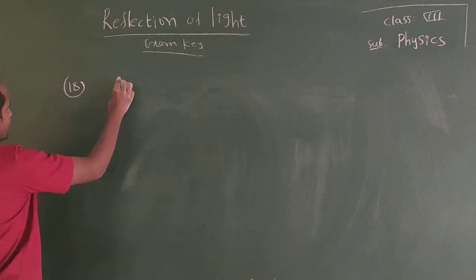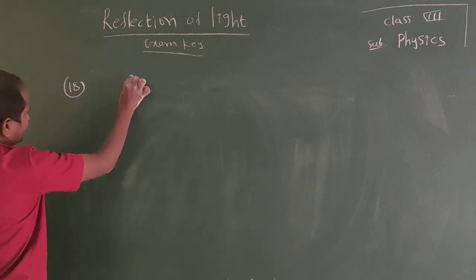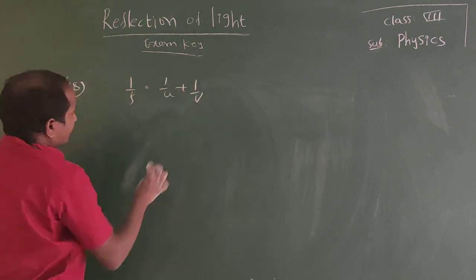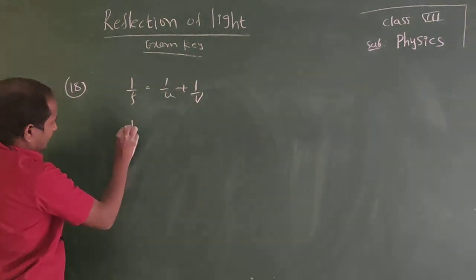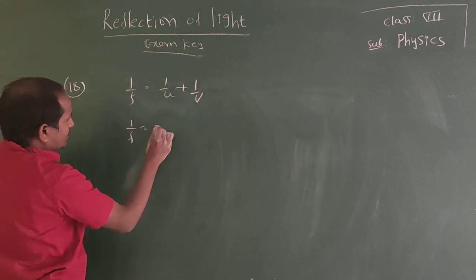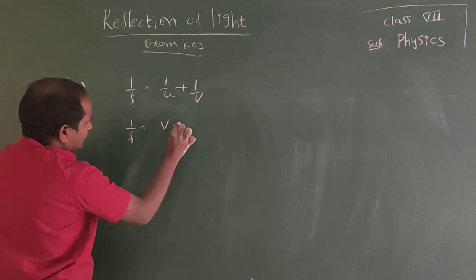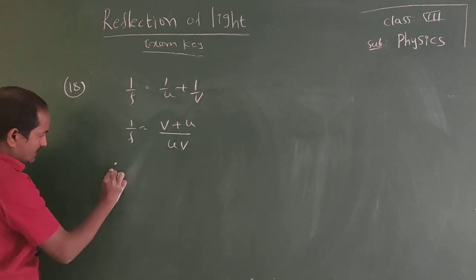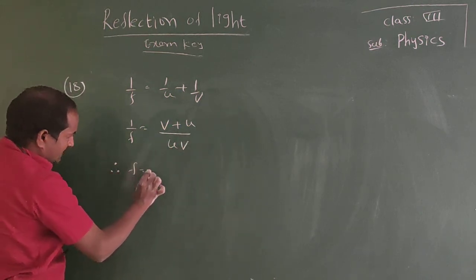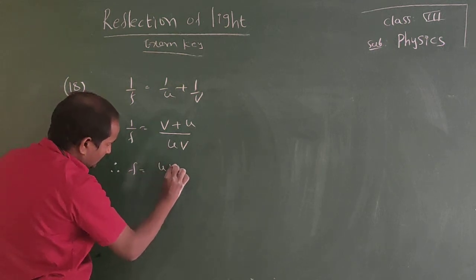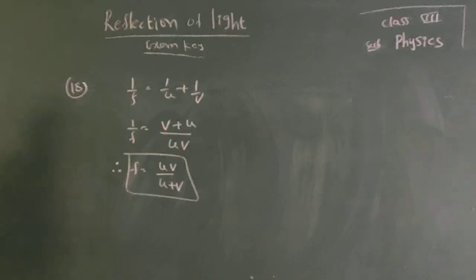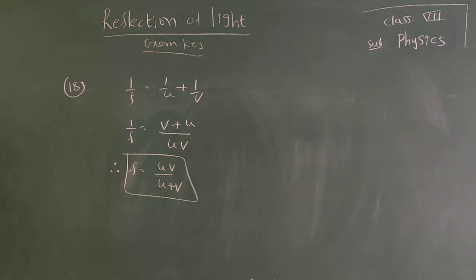So here 1 by F equal to 1 by U plus 1 by V. Therefore here 1 by F, LCM equal to UV, we get (U plus V) by UV. Therefore F equal to the reciprocal, UV by (U plus V).